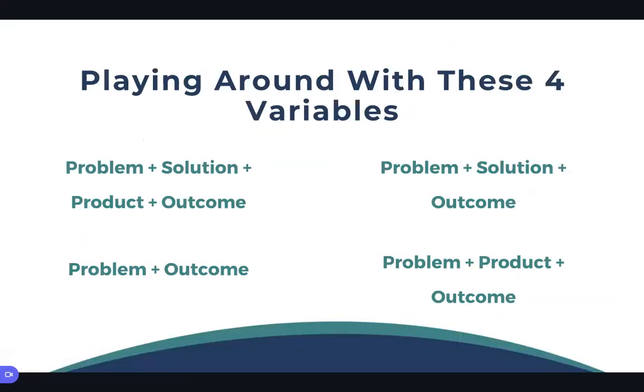So as an example, you can start playing around with these 4 variables, and I've got some examples here. You can think about, for instance, combining the problem, the solution, the product, and the outcome in some of your sales enablement content. What that would look like would be your standard white papers, case studies, taking the full gamut through. Okay, what problem are we solving here, and what's the real value we're producing?